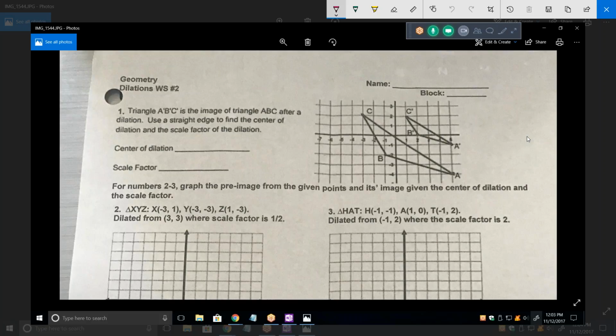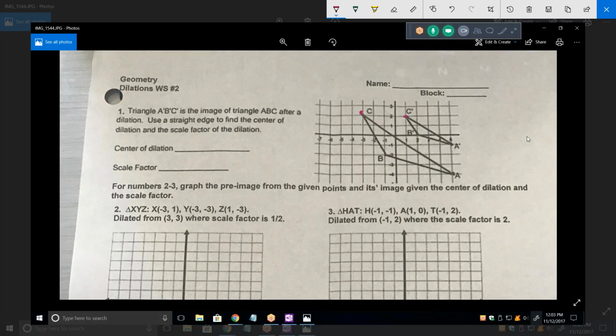Hold on a second. See, right offhand, I would think the center of dilation would be right there. But let's examine whether or not we can use the vertexes for the center of dilation. What do I have to do to get from there to there?